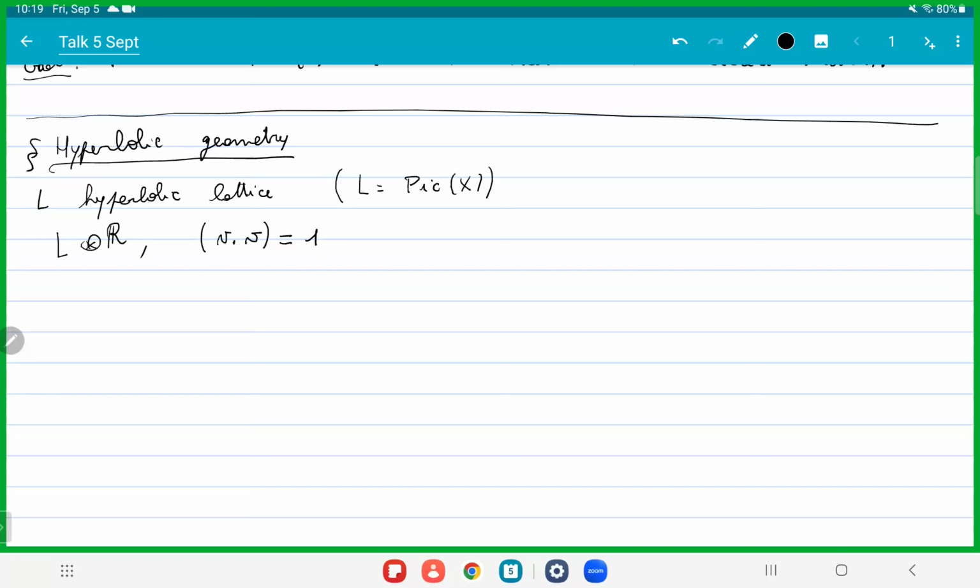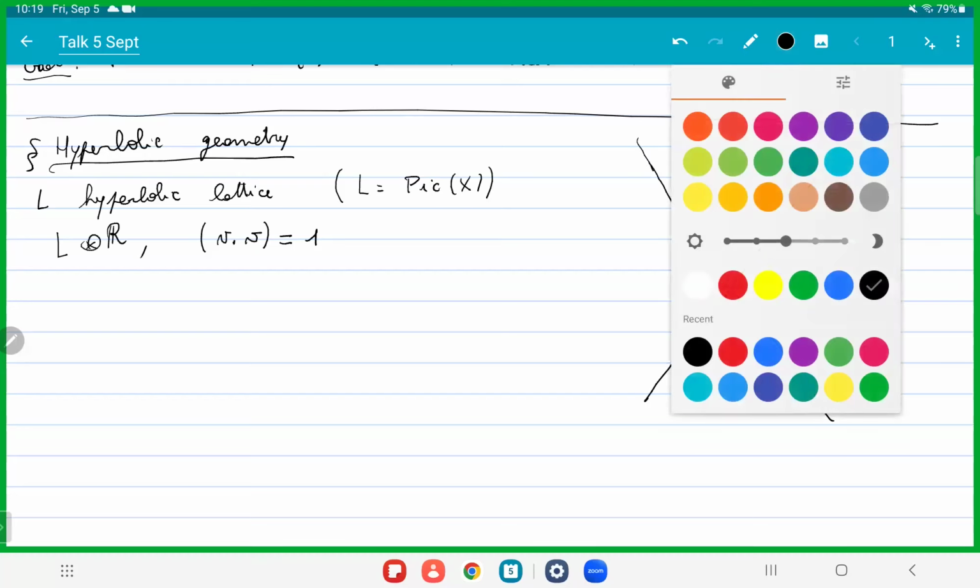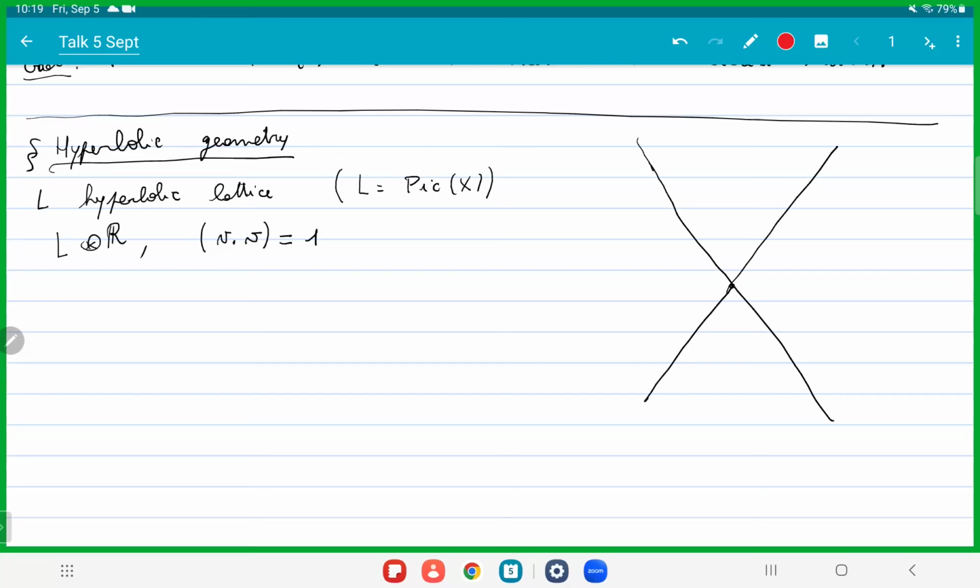So let's try to draw a picture. We have the cone of vectors of norm 0. This is sometimes called the light cone. And then inside, we have the vectors of norm 1. This is a hyperboloid, so it's very close to here, and it goes like this.